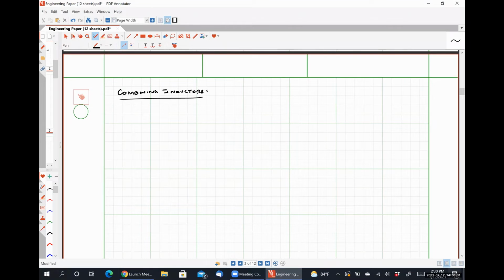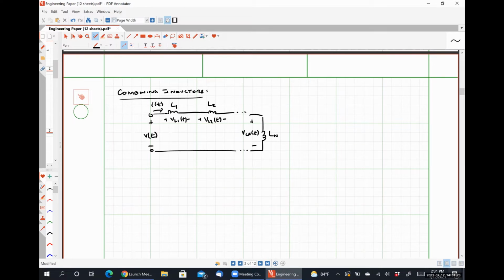So if we have a network containing multiple inductors in series, like so, this guy VL1, this guy VL2, and this guy VLN, just based on the relationship between inductors and capacitors, how do you think this is going to turn out?